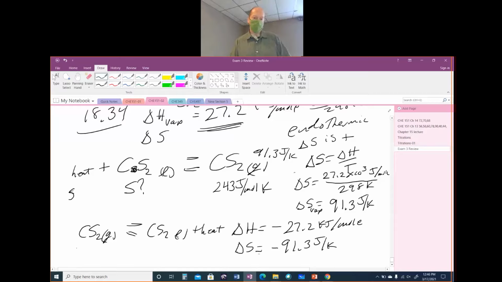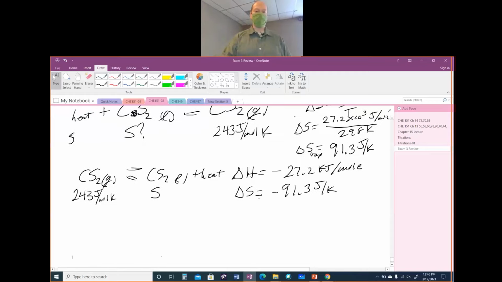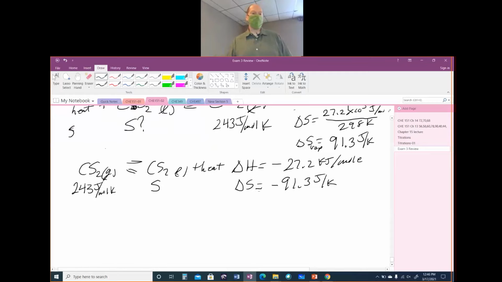All right, so they gave the value for the gas. It was 243 joules per mole Kelvin. And the question was, what is your S value for the CS2 liquid? We know that the delta S of any reaction is equal to the S of the products minus S of reactants. And that's why when you reverse it, you will get the opposite sign. So our delta S is negative 91.3 for this reaction.